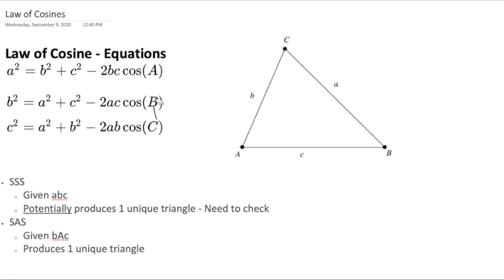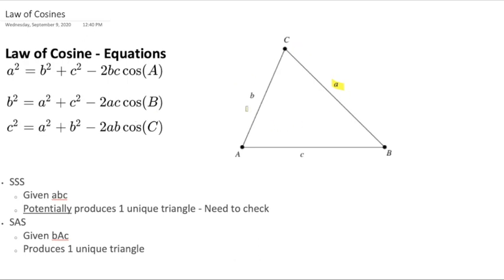Basically what this is saying is that the side you're trying to solve for, in this case A, so A squared is equal to B squared plus C squared. That sounds familiar. That's basically the Pythagorean theorem, the C squared equals A squared plus B squared.